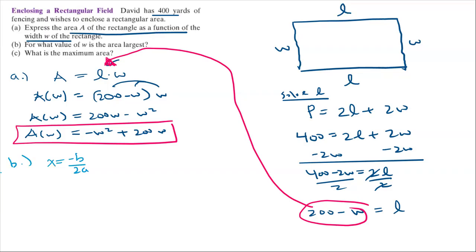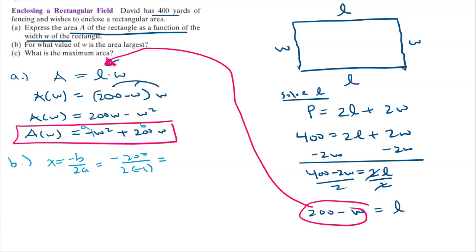That's why I like putting this in order, because now I know that this negative 1 is going to be my A, and 200 is going to be my B. Then I just plug it in. So I have negative 200 divided by 2 times negative 1.